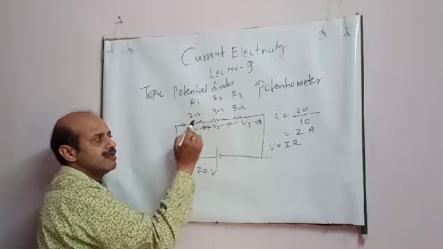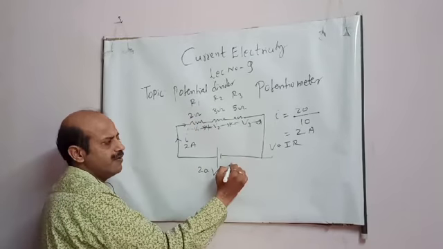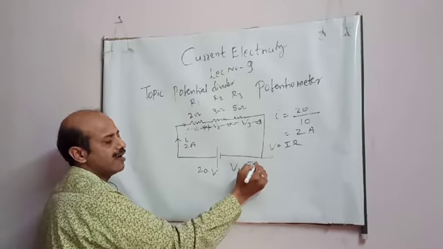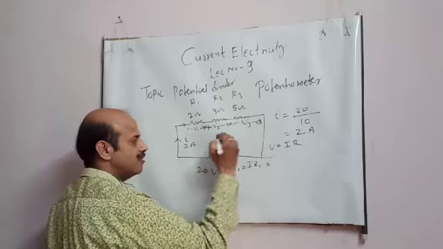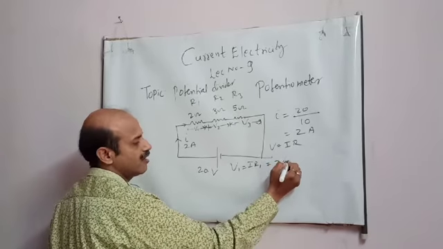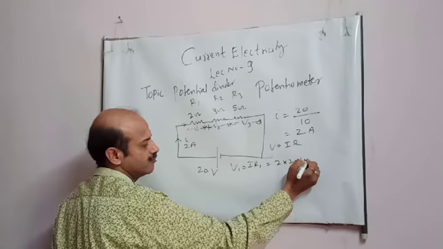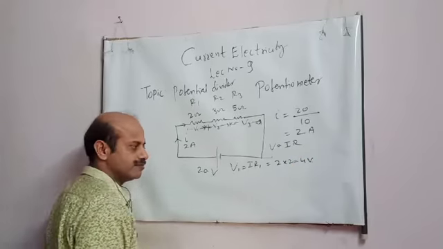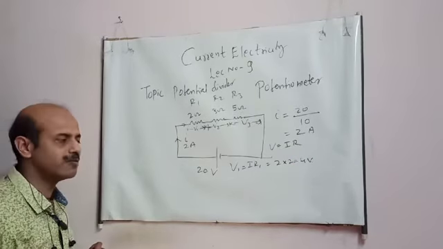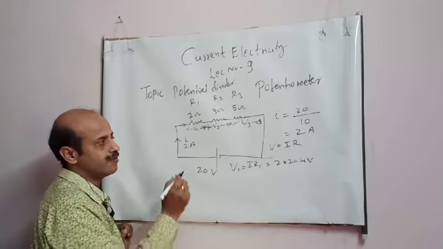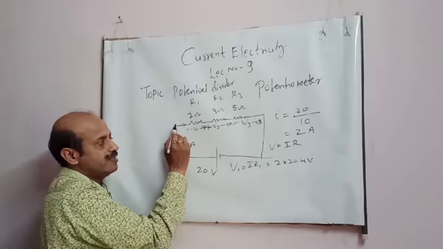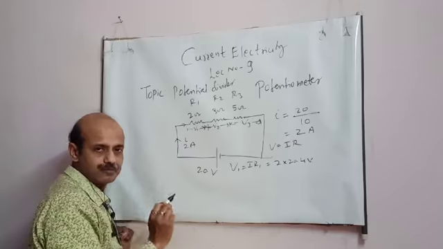By Ohm's law, I will get V1 as IR1, and in this calculation I is 2 and R is also 2, so 4 volt. So a potential drop of 4 volt, or you can say potential difference across these 2 points is 4. That is the meaning, student.